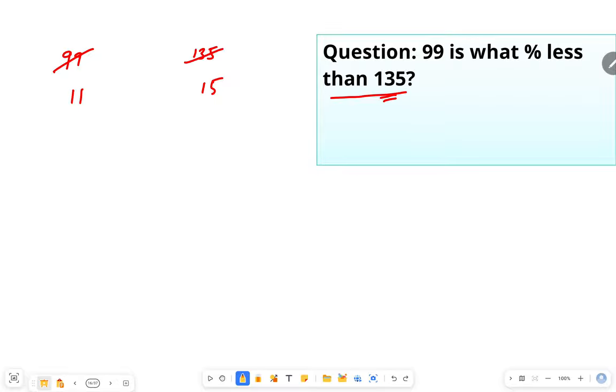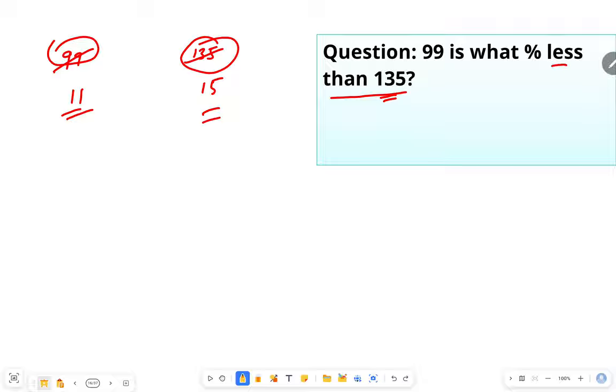Now instead of looking at these two numbers, we can look at these two numbers, right? Now look at 11 is less than 15, and how much less?